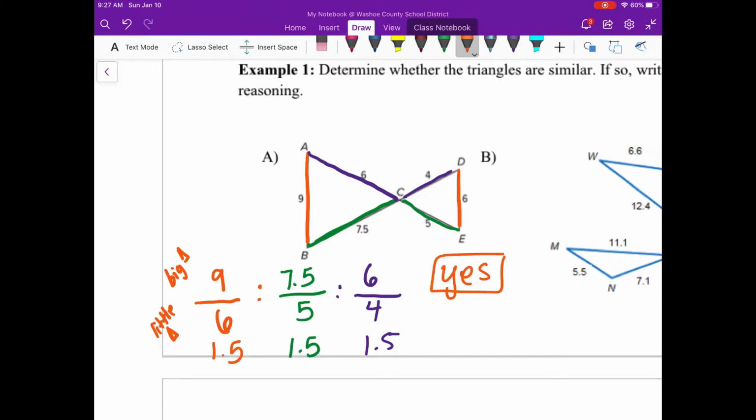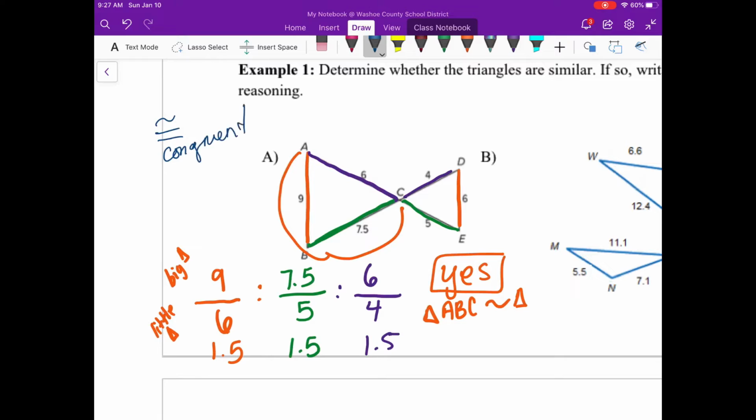And then I have to write down my congruence, or similarity, sorry, not congruence, similarity statement. So if I start off with, let's say, A, B, C, and then the one squiggly means similar, which is different from congruent. Congruent is an equal sign and then the squiggly. This means congruent.